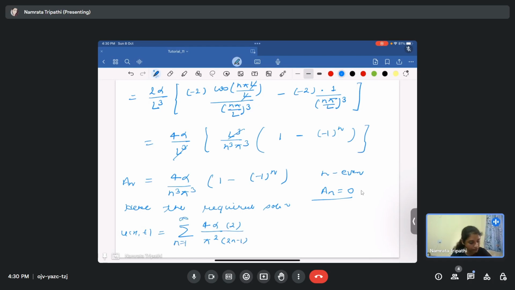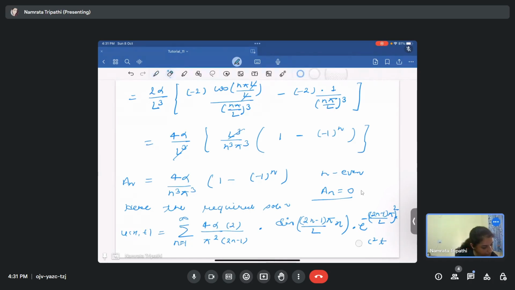So we can write n from 1 to infinity, and in place of n we will replace it with 2n minus 1, into e to the power minus c square t.